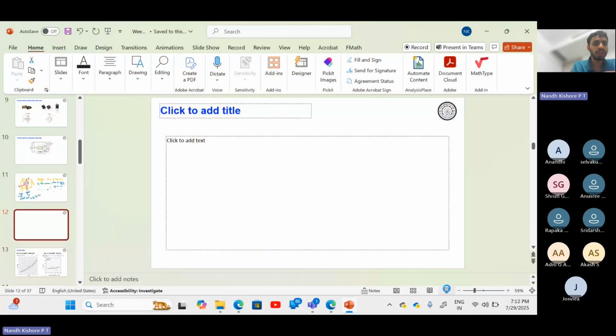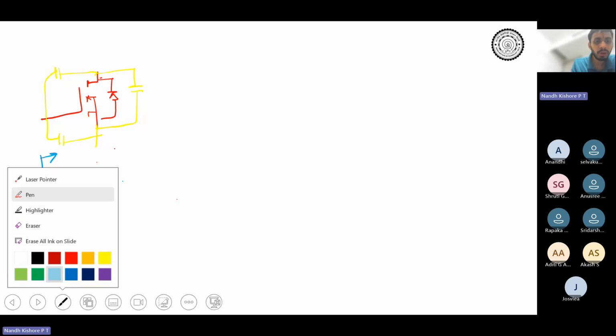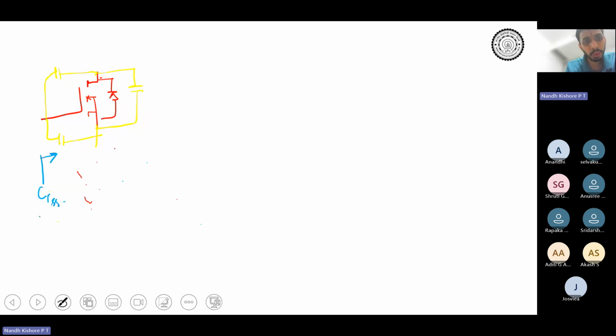You have a capacitance over here, a capacitance over here, and a capacitance over here, and now I want to find out, looking from here, what is CISS. First, I will short the output side. The output side is drain to source, so I will short the drain to source, and you forget about this capacitance.